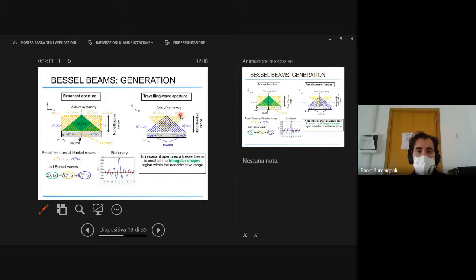As a consequence, the region where you have a constructive interference of these rays, and thus a stationary solution that is a Bessel beam, is now this diamond-shaped region instead of the triangular-shaped region that I have shown before. So basically, there are two ways to create Bessel beams with realistic devices, one based on resonant apertures and one based on traveling wave apertures.